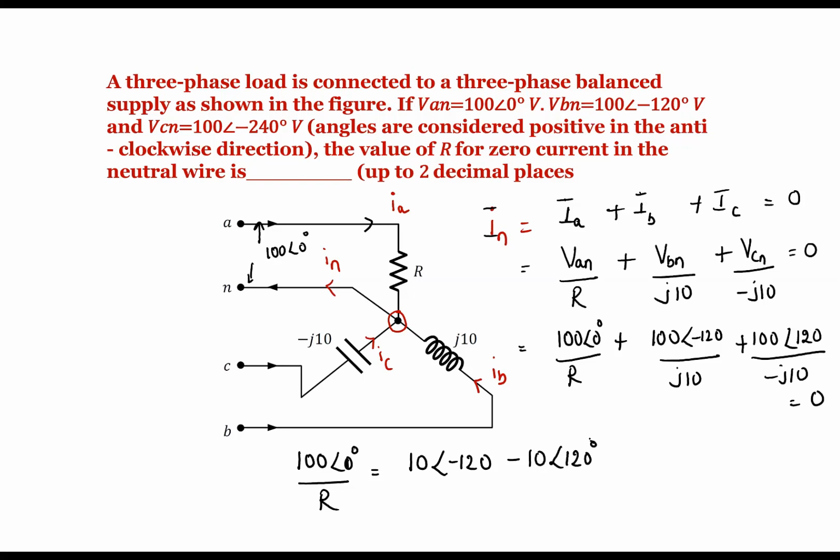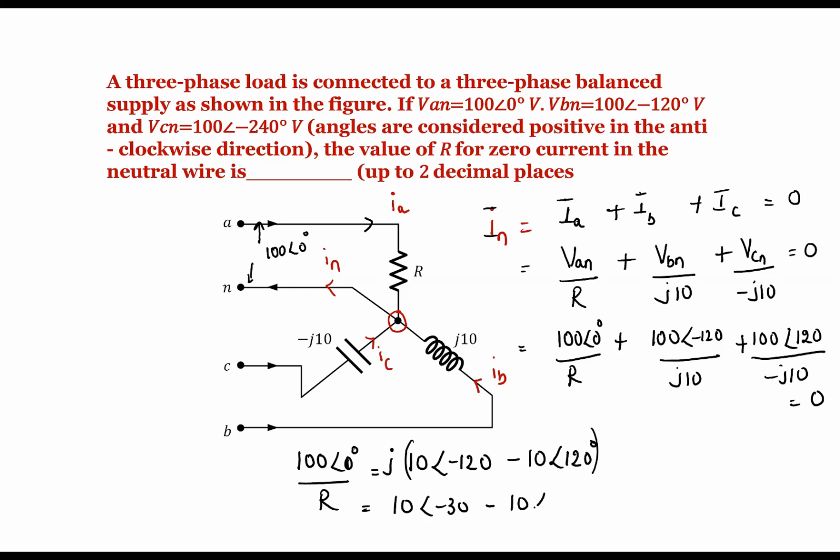Okay. So J is common. You can treat it as 10 at an angle, J means 1 at an angle 90. So if you multiply with this, you're going to get 10 at an angle minus 30 minus 10 at an angle 210.